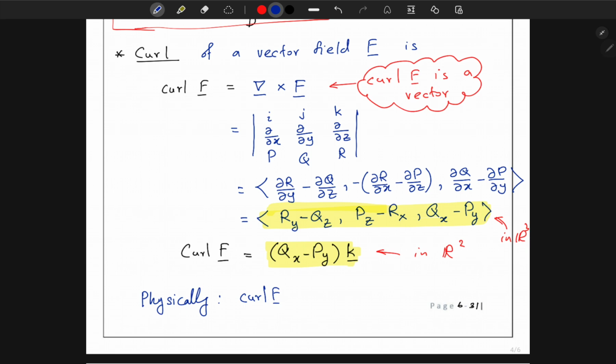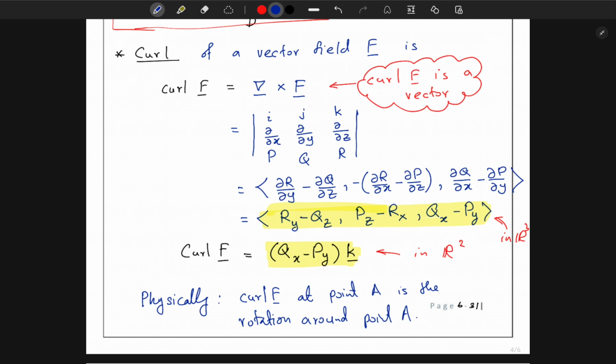Curl of F at point A is the rotation around the point A. In a sense, if you have a radial vector field, then there will be no rotation.